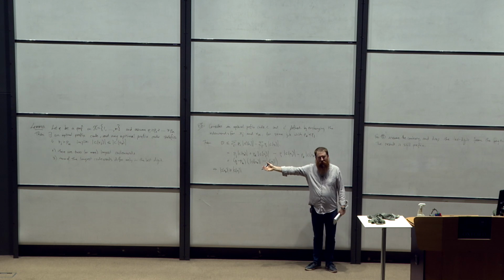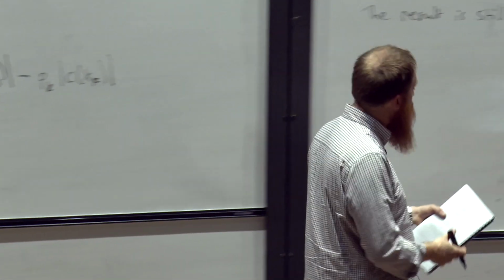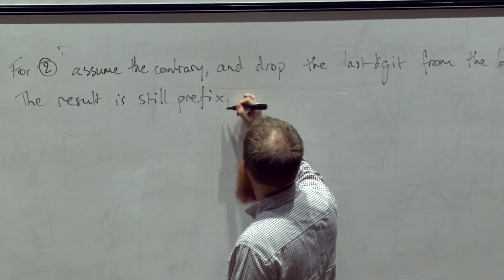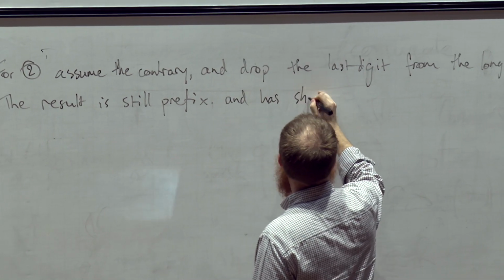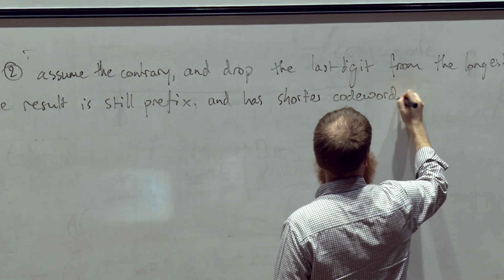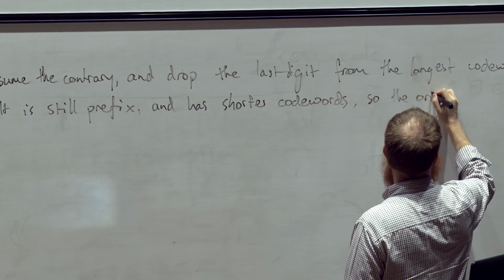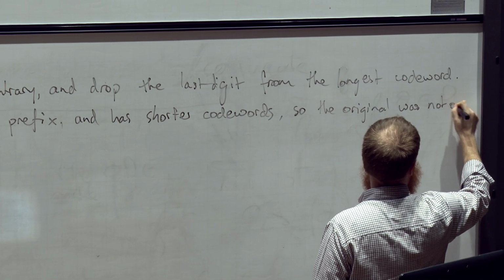Drop the final digit, I've still got a uniquely defined object. Okay, so I still have a code word which uniquely corresponds to an input. It's still prefix, and has shorter code words. So the original was not optimal.